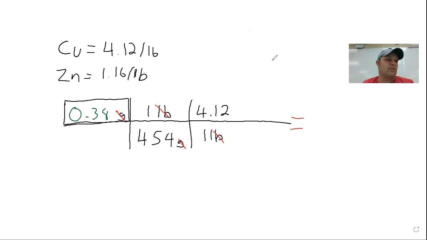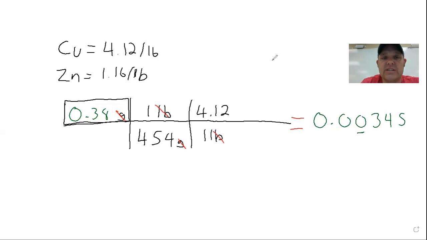So let's do our calculations together. 0.38 divided by 454, then times $4.12. That much copper in one new penny is worth 0.00345. I'm rounding. So that much copper is not even worth a penny, because a penny would be right in that column.